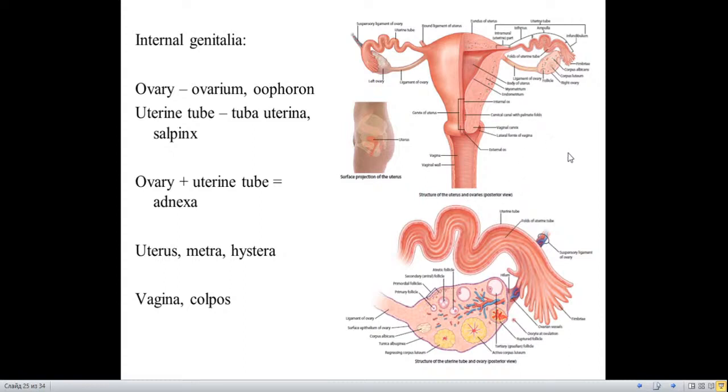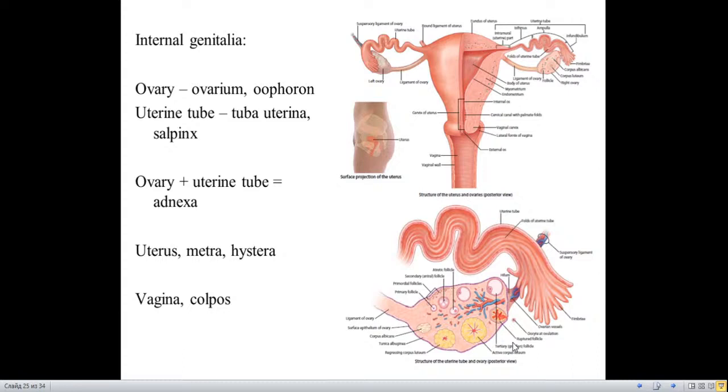So, briefly about internal female genital organs. Ovary is a typical gland of mixed type, similar to testis, which was also a mixed gland. So, ovary has an exocrine part and an endocrine part.